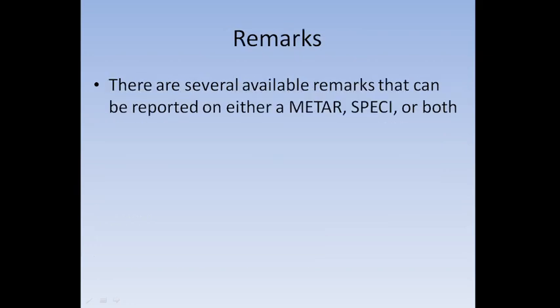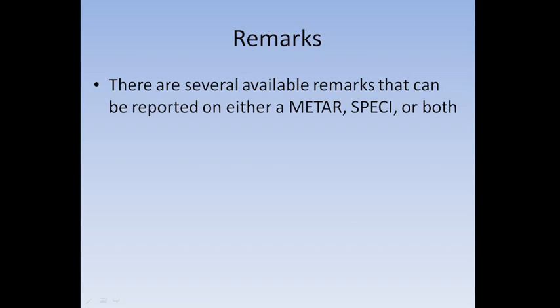So remarks, there are several available remarks that can be reported on either a METAR, a special, or both. So there are several remarks here. For the special remarks, real quick, sector visibility is one.